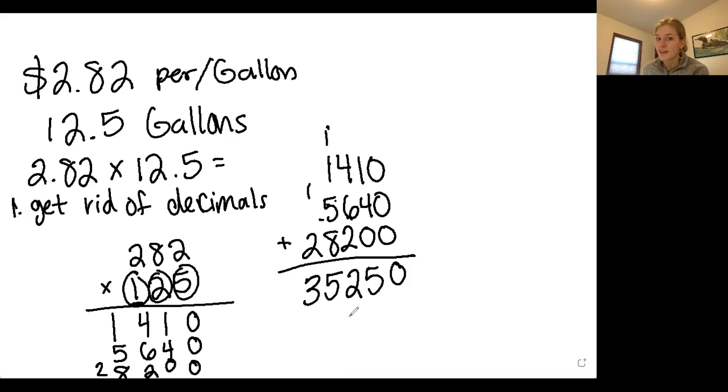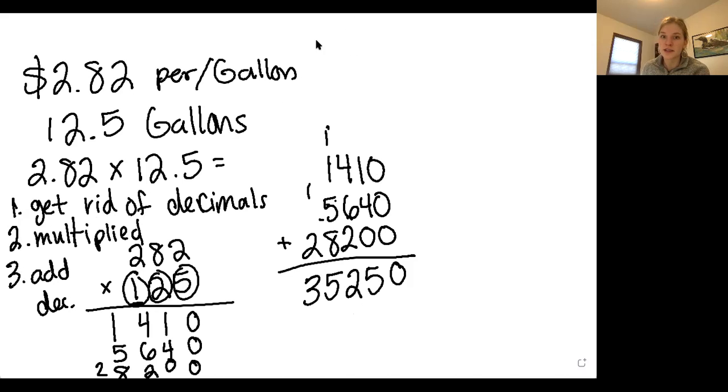So now, here is sometimes the tricky part. Our second step, we multiplied. And now we're going to add our decimals back in. Okay, so how do we do this?